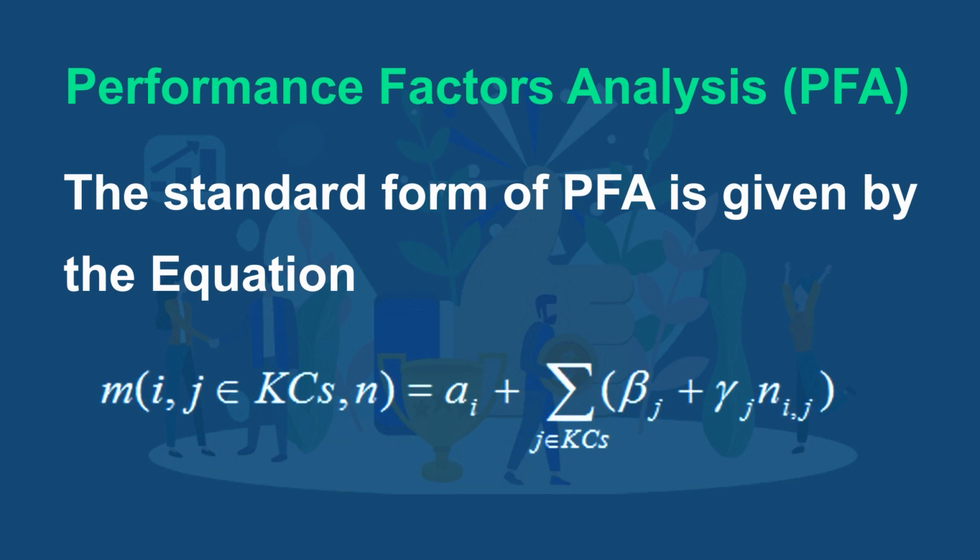m_ij for student i and KCs j is equal to alpha_i plus summation over j belonging to all knowledge components of beta_j plus gamma_j into N_ij. Here m represents the accumulated learning using one or more knowledge components j of student i.